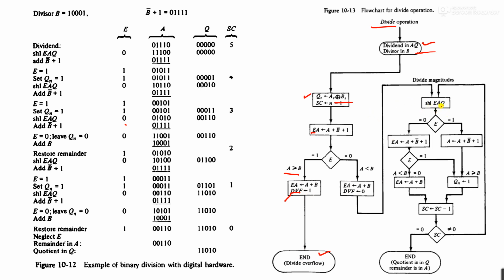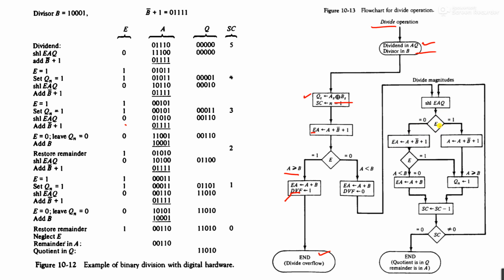Now you can see the difference between the multiplication and the division. In the multiplication, after all the process, I was doing the shifting, and in this case we are shifting left, as well as the shift process is at the start of the algorithm. Then after the shift left, if my E is 0, then I will do the subtraction including EA.